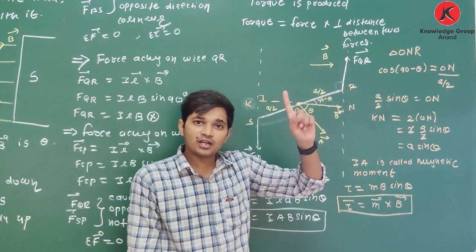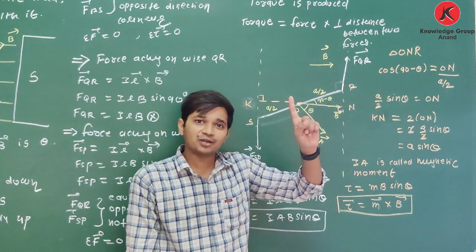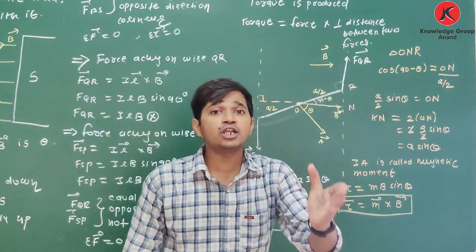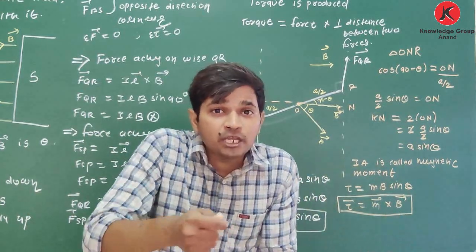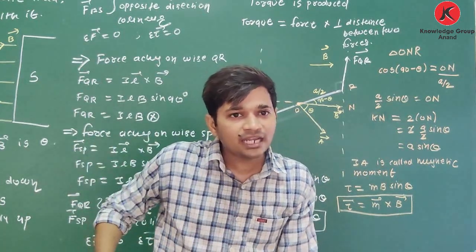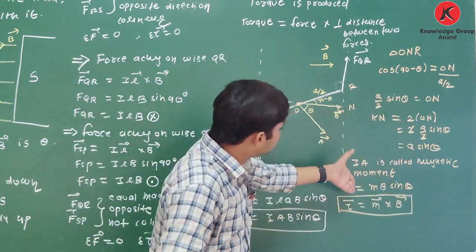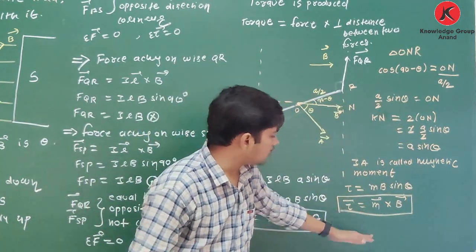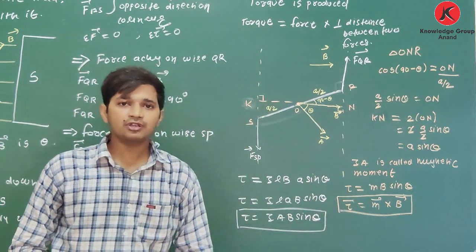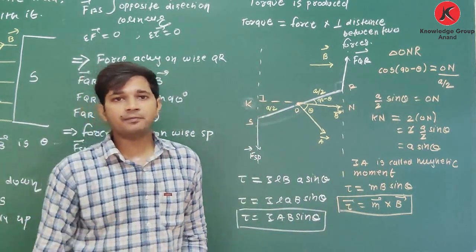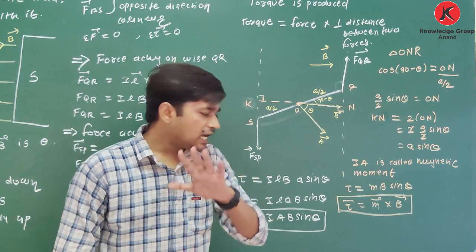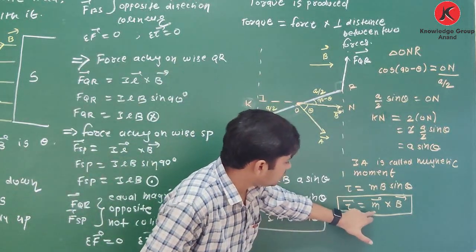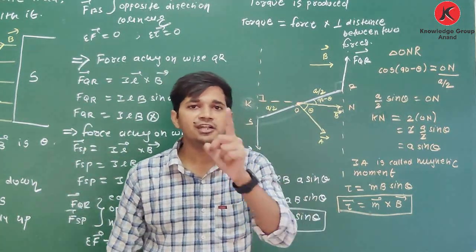Remember chapter number 1, electric dipole in a uniform electric field: tau is equal to P cross E, where P is the electric dipole moment and E is the electric field. A similar result we have obtained in the case of the magnetic field: tau is equal to M cross B. Clear about this? In the next lecture we will see this magnetic moment in detail.